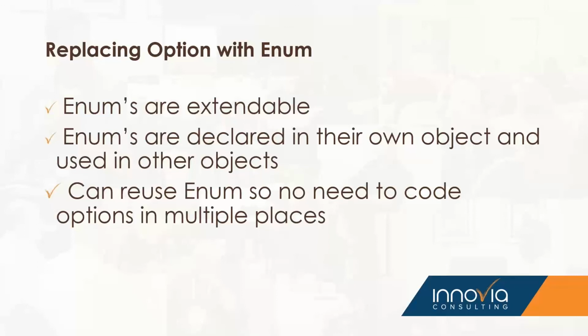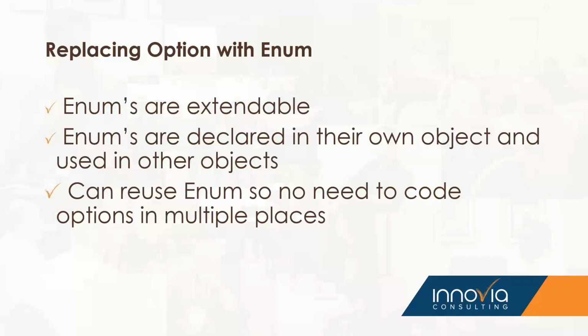Another good thing about enums is you can declare a type of enum and then use that in multiple other tables, like, for instance, the sales line has the type field. So you can create the sales line type, and then any of your other tables could add that same field and have the exact same list of options.